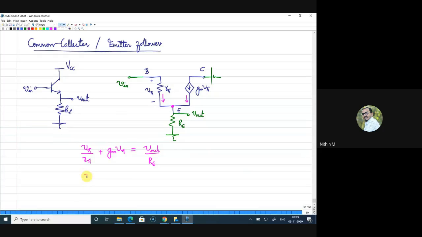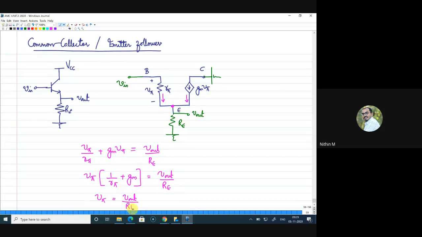If I take this V pi common, it is 1 by R pi plus GM equal to V out by RE, or I can write V pi as V out by RE into R pi by 1 plus GM R pi, right.